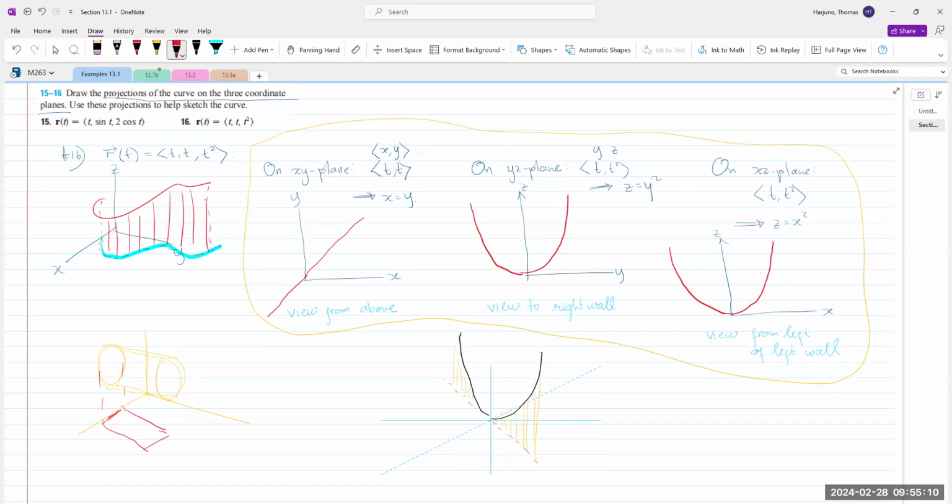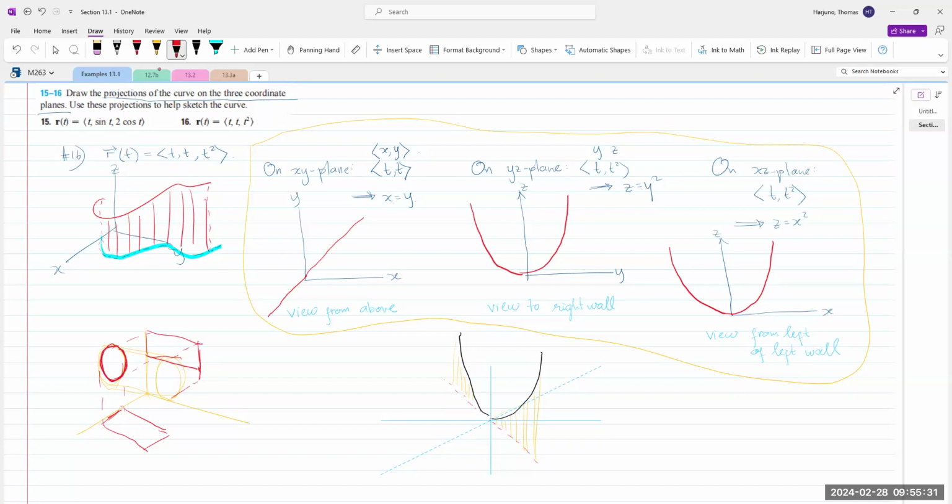When you project that to the right wall, it will also be a rectangle. Okay, but when you project it to the left wall, it is a circle.